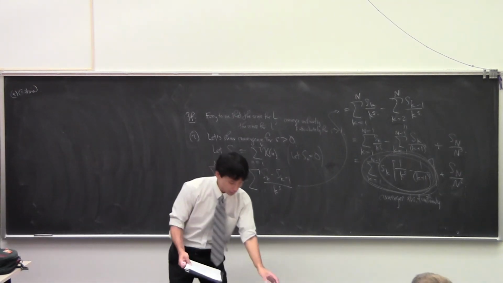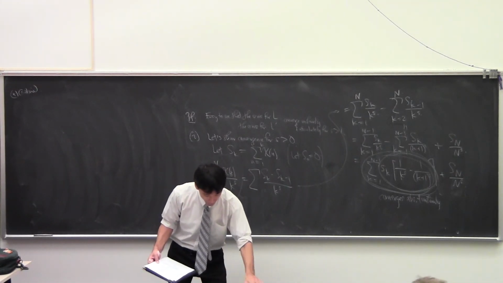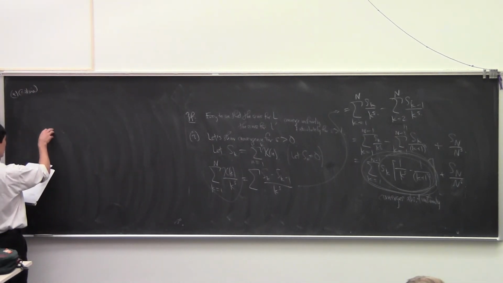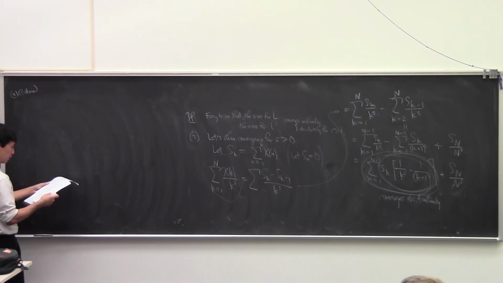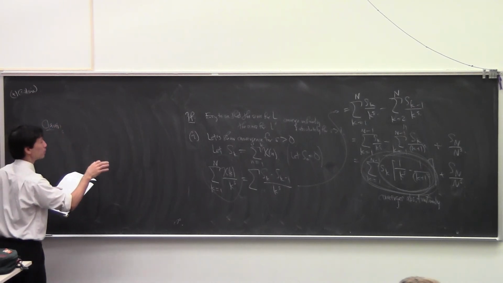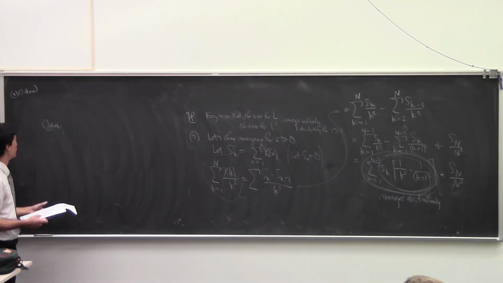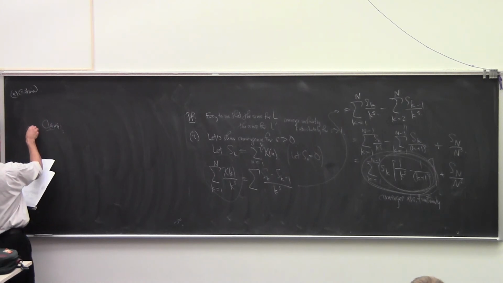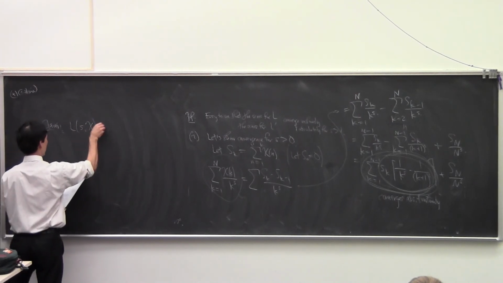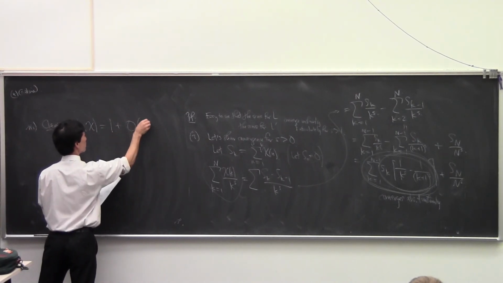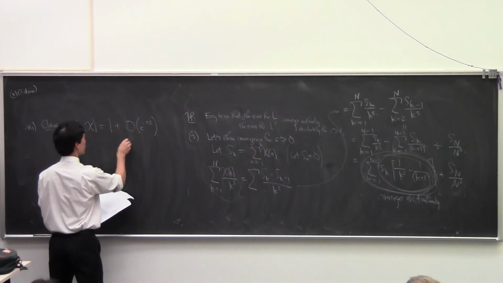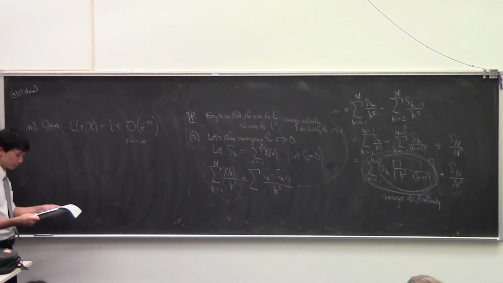So in the last 4 minutes, let me see if I can do this. We're still in the middle of the technical proposition. This is the third part of it. That L(s, chi) is basically like 1 plus something small.